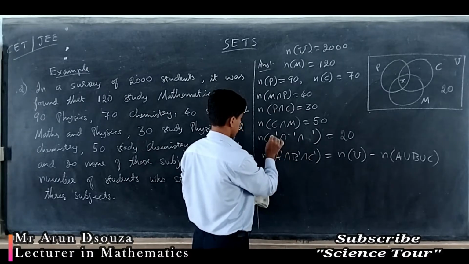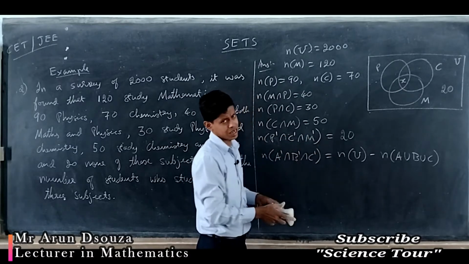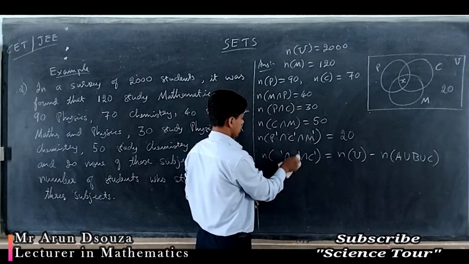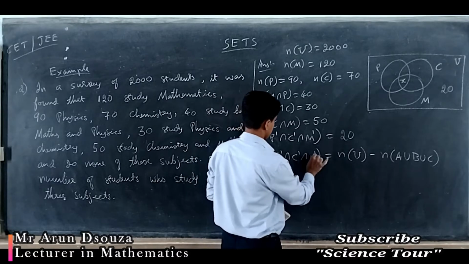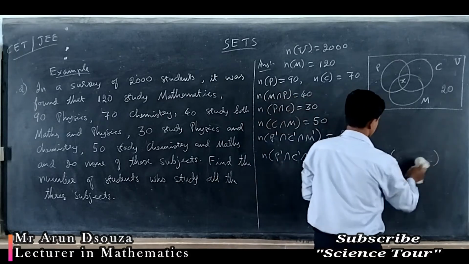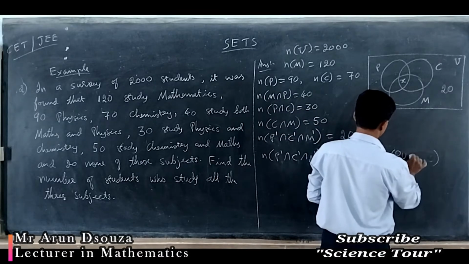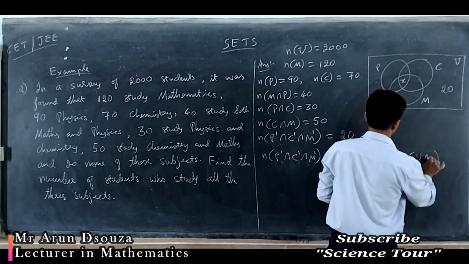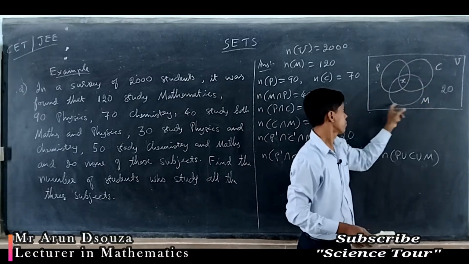I think you might have noticed already, physics and chemistry and maths. We don't have ABC here, I'm sorry. So this is nothing but none of. So you have P union C union M. So this includes these three circles.